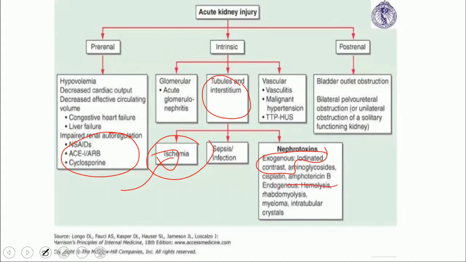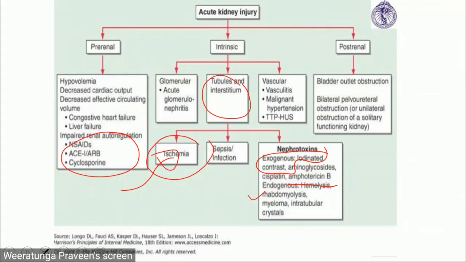Amphotericin B is particularly famous, right? And when we were talking about hematology, we said that when you have intravascular hemolysis, this hemoglobin can be renal toxic. Rhabdomyolysis can also give rise to renal toxicity, right, because of the myoglobin precipitating in the kidneys, right?